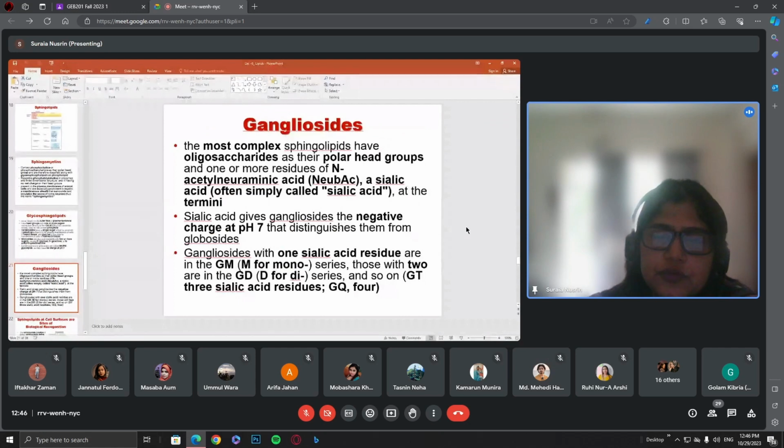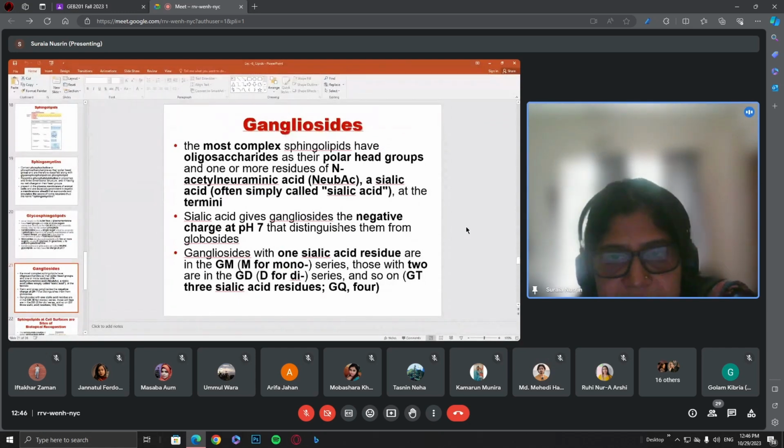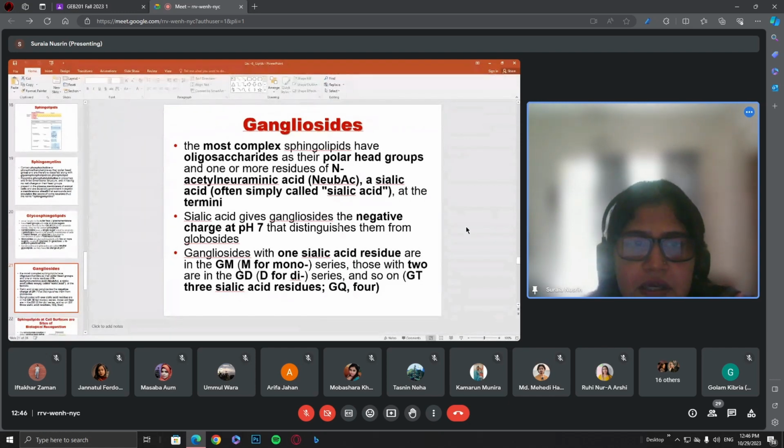Okay, so let us move to the next sphingolipid, called gangliosides. Gangliosides have a polar head group, but that head group is more complex than in the other glycosphingolipids. The polar head group is made up of oligosaccharides.